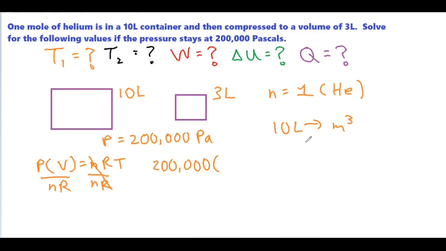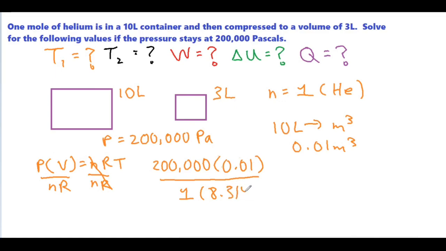Once I divide that by 1,000, that's going to come out to 0.01 meters cubed. So there's my V, 0.01, divided by the number of moles, which is just 1, and my gas constant 8.314. And that comes out to 240.56 Kelvin.